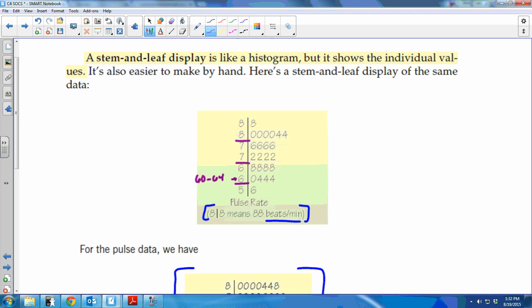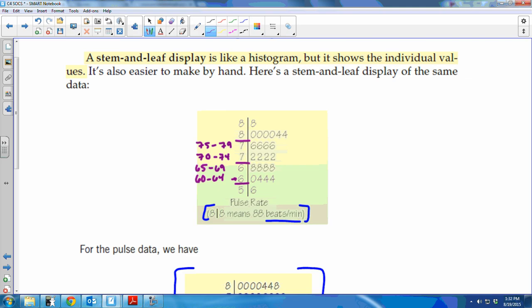And the second one should only have values 65 to 69 in it. Does that make sense? Then the next one, same thing, 70 to 74 and 75 to 79. So it's splitting it up into 5 number increments. All right, so it's always the same. Okay, it spreads your data out a little bit more.